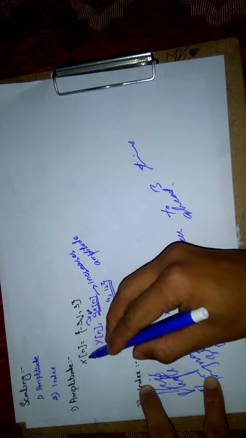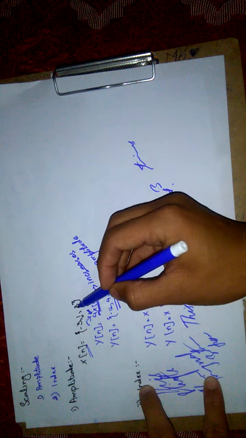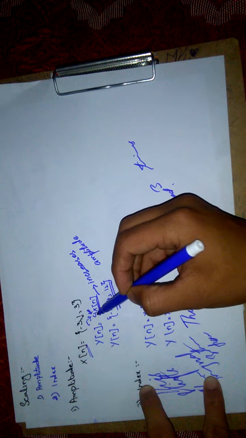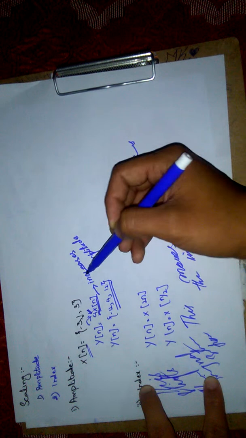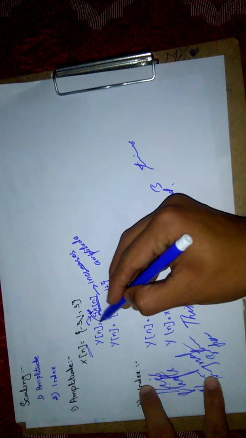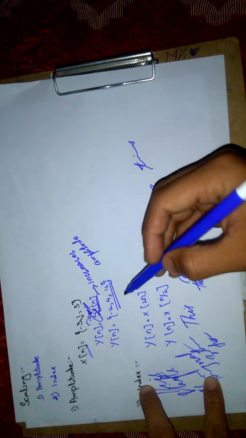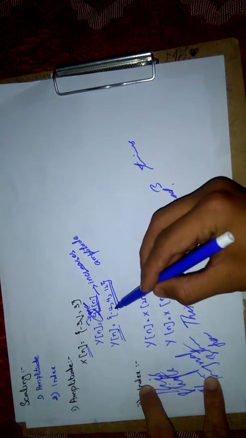For example, if I have x of n equal to minus 3, 1 and 2, then it increases the amplitude by 4 times due to this number, so the output will become minus 12, 4 and 8.